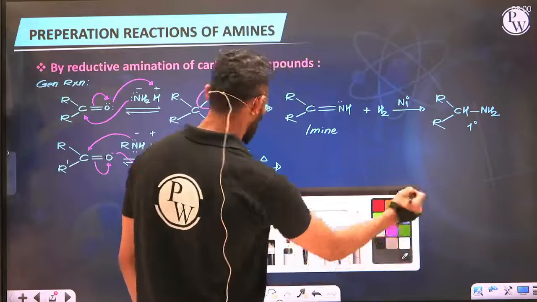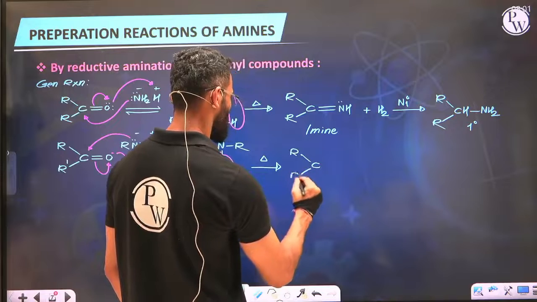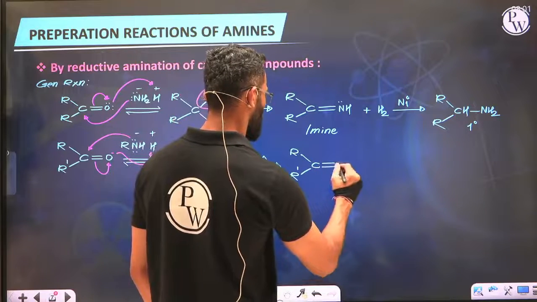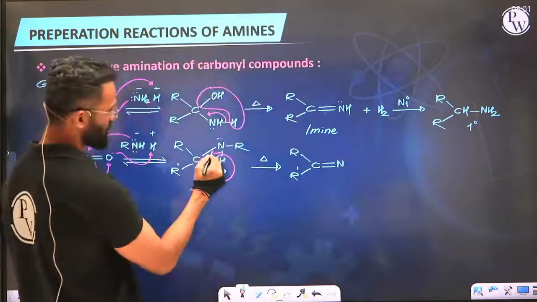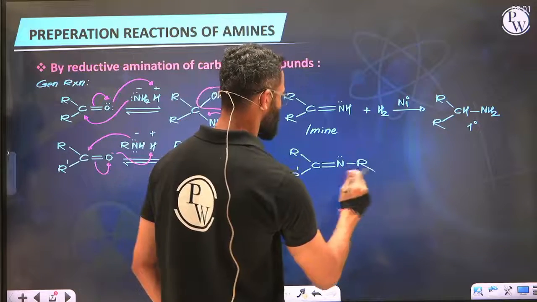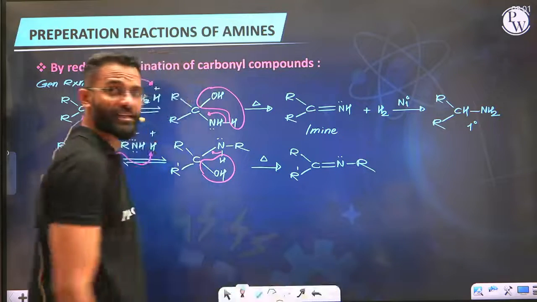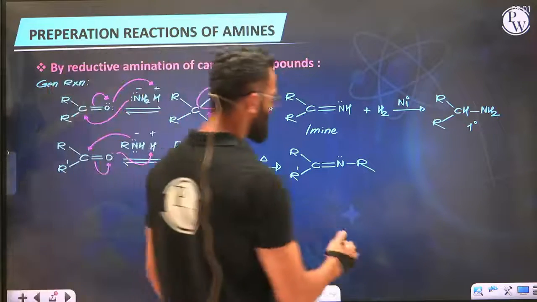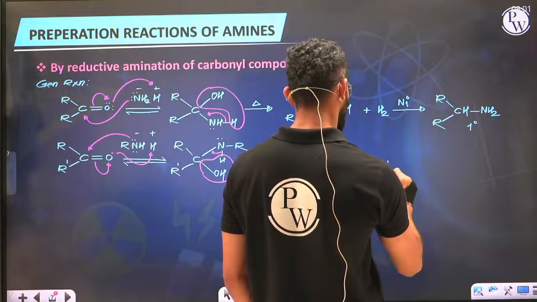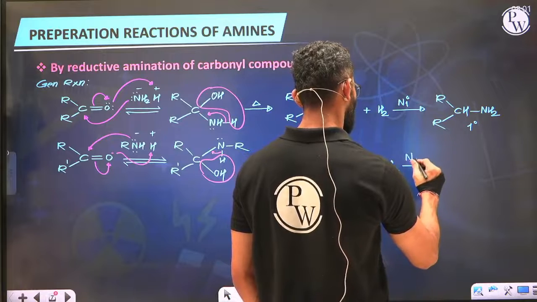So see what we are getting, R, C, R dash, double bond N carrying a lone pair and one alkyl group. So this is N-alkyl imine. If this was imine, one of the H is substituted by alkyl, so that is N-alkyl imine. N-alkyl imine is further reduced in presence of a catalyst.